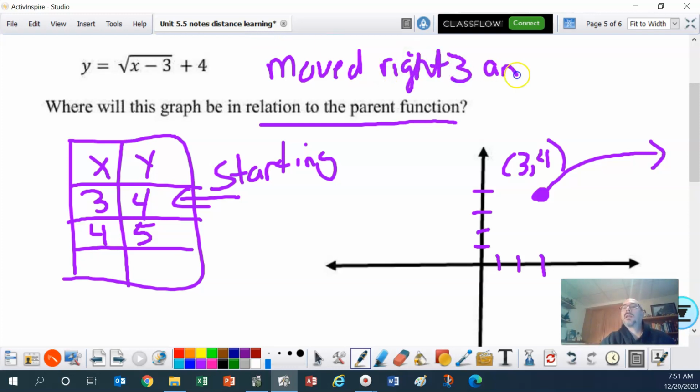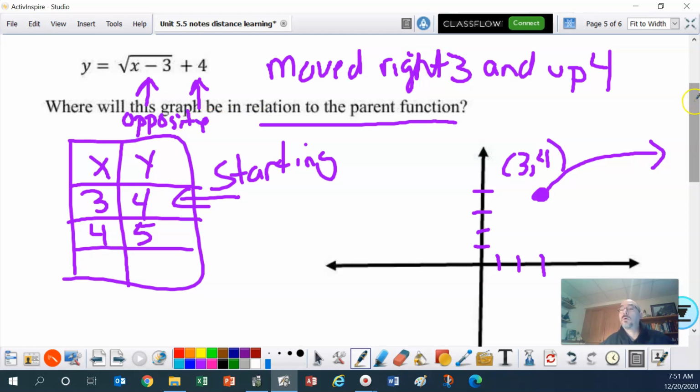Look at this and look at this. Oh, it's the opposite. Instead of moving left, there's a minus sign there. So what would make that equal 0? A positive 3. So it moved right 3 and up 4.